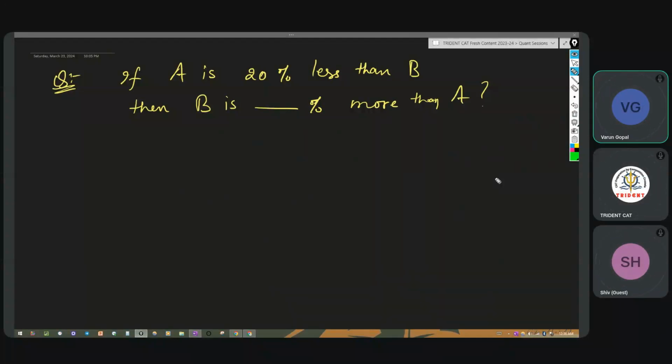No, 5 by 4 is fine, Varun, but you have to tell me in percentage terms. 25. And this is not the multiplying factor, mind you. Okay, 25% more than A.